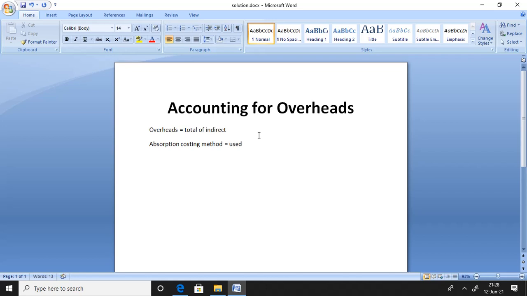I'll use OH as a short form of overheads. So we use the absorption costing method to account for overheads. It's a method of sharing out overheads incurred among units produced.